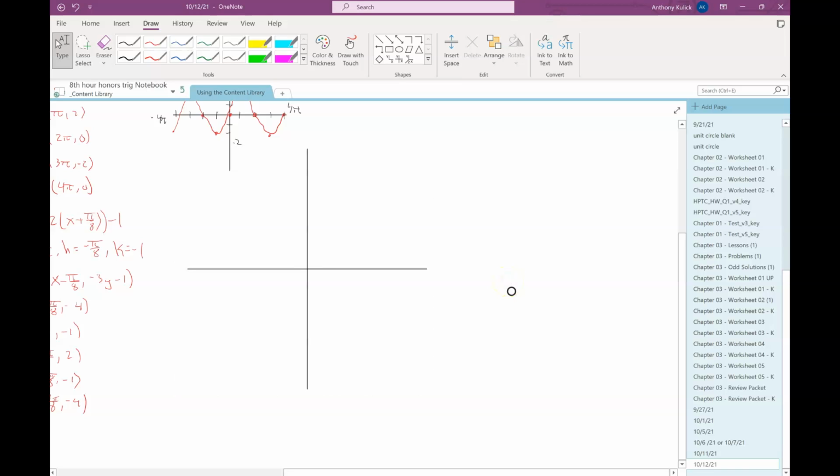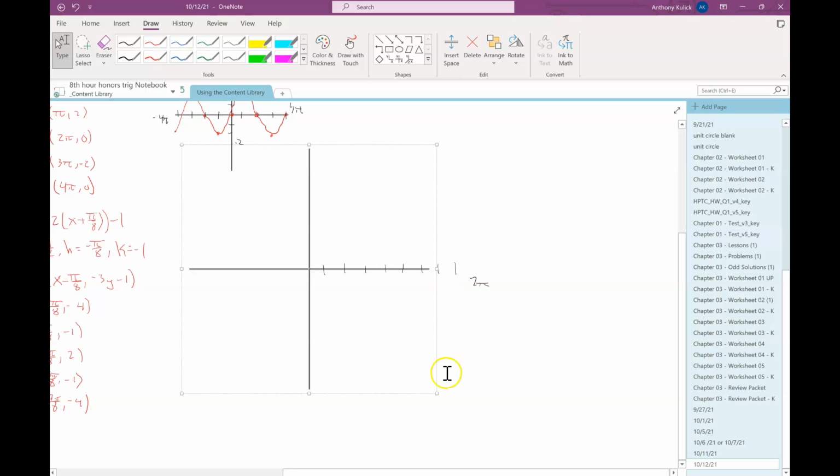Actually, I'm not doing that. I'm going to put 8 of them on here, and those will go by quarters then. 4, 5, 6, 7, 8. So that'll be 2 pi. So those are quarter marks instead of 8ths.